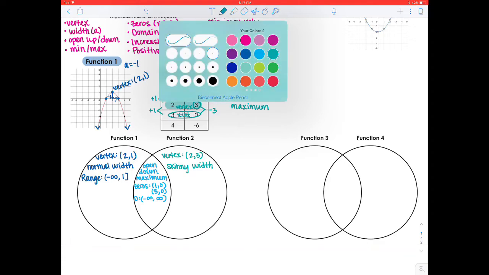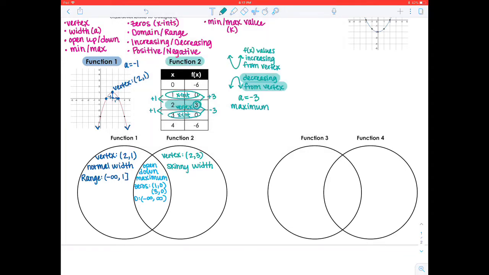So for function 2, it's also opening down. So the very, very lowest y value will also be negative infinity. But since this graph has a vertex of 2, 3, that y value is going to go up until 3. So whatever k is always tells you that maximum or minimum y value.